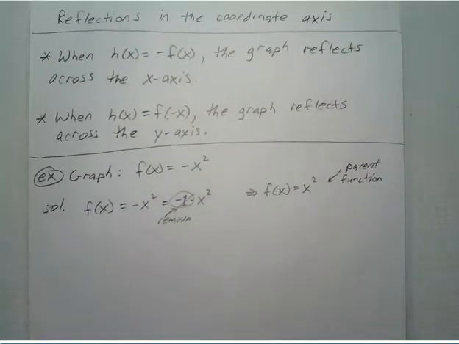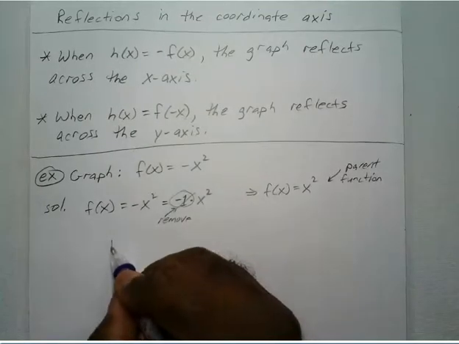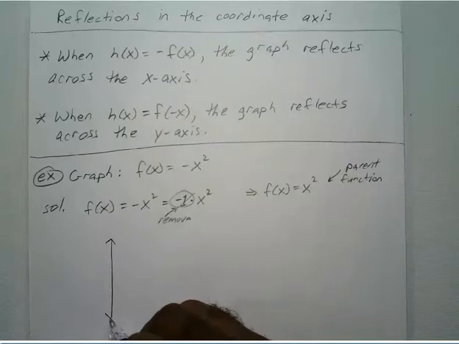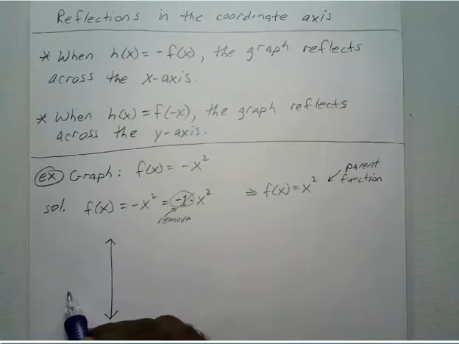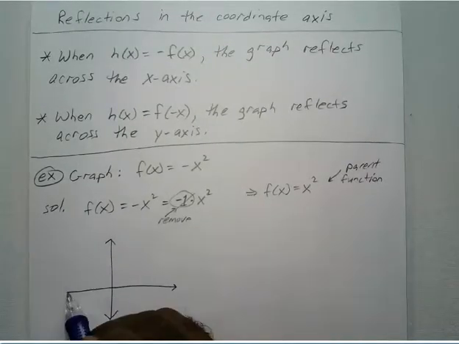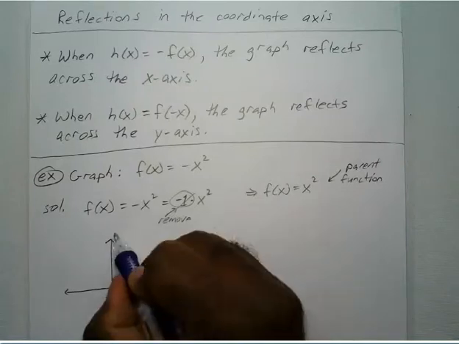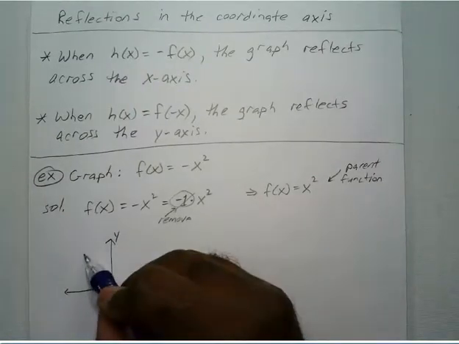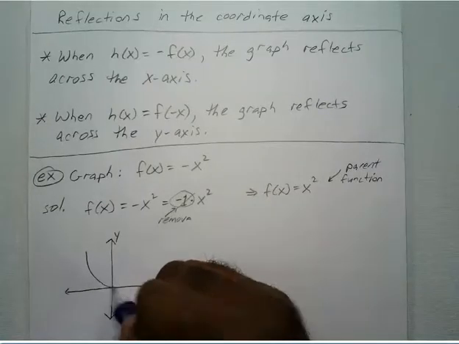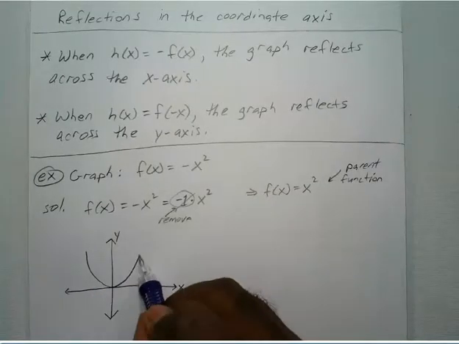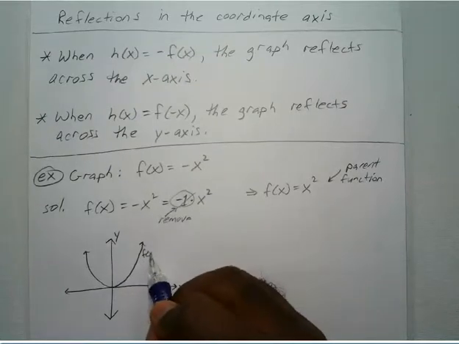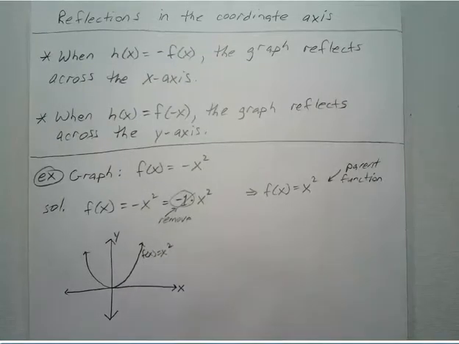So let's go ahead and draw our parent function. We have our x and we have our y, and our parent function is f of x equals x squared.